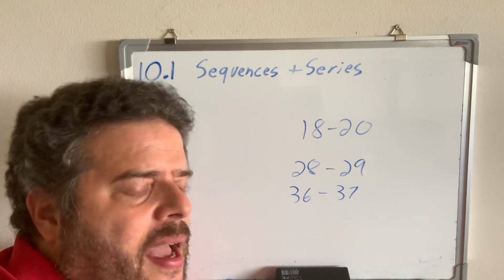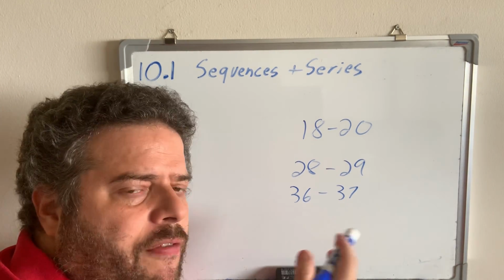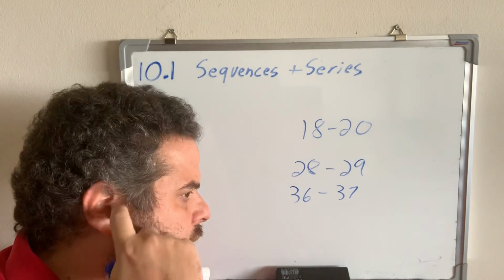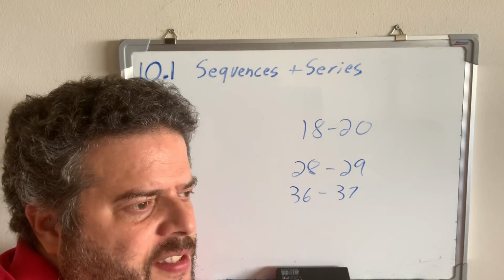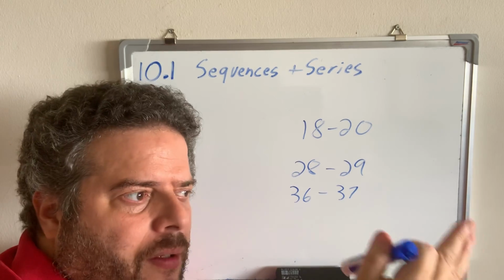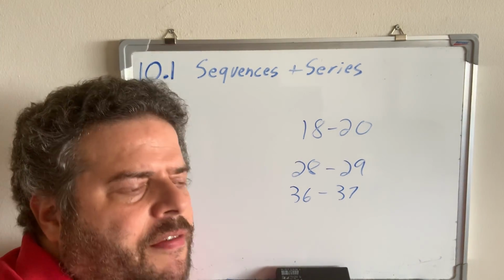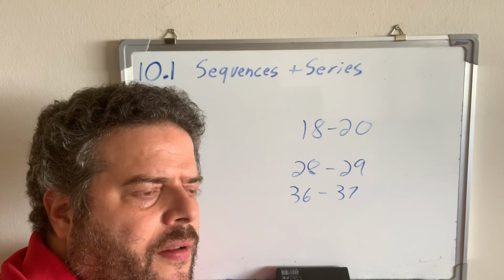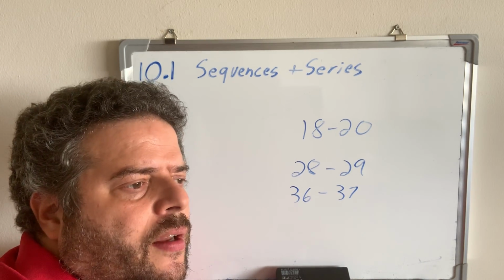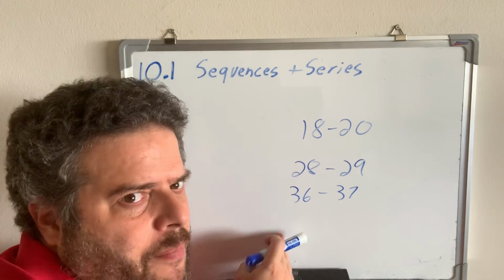Besides that, just to give you guys the breakdown of what's missing in the quarter, we're going to finish sequences and series, probably not the entire chapter, but a good block of the chapter. We're going to introduce limits and derivatives, and that's going to be a test.